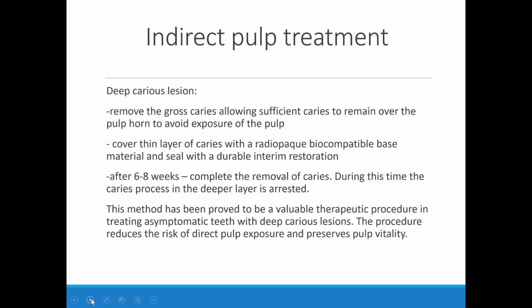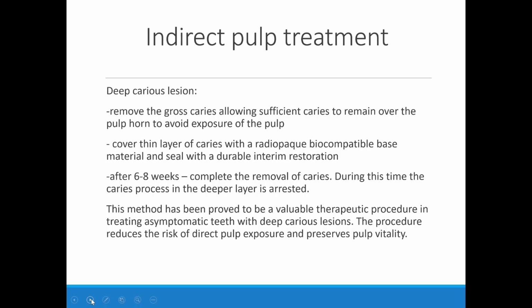So cover the thin layer of caries with radiopaque biocompatible base material and seal with a durable interim restoration. Why should it be durable? Because we leave this patient from 6-8 weeks to 6 months.